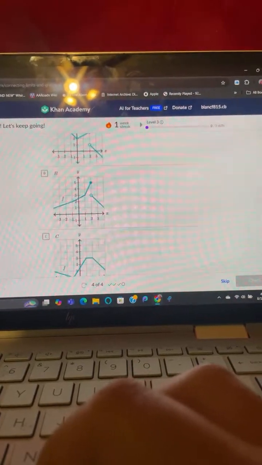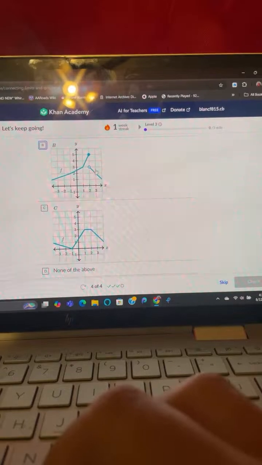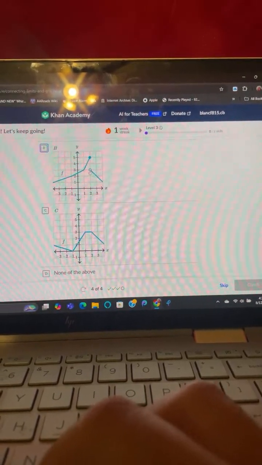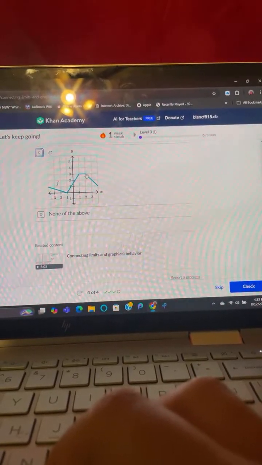Now we look at B, and we see the right side as it approaches 2. We're looking at x equals 2, and the right side does approach 3. Not the left side, but the right side does. So therefore, this is true. And C, let's look at this. At 2, does it approach 3?